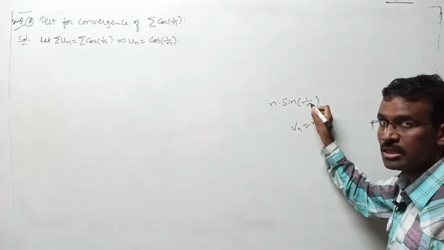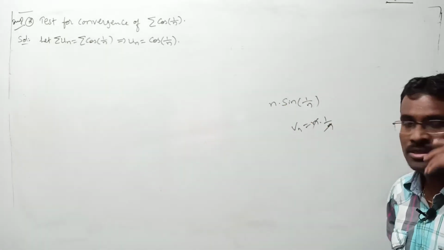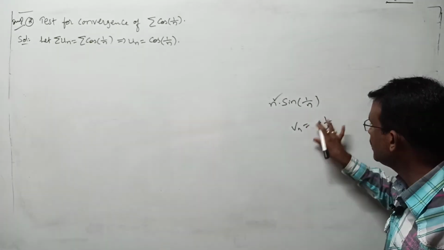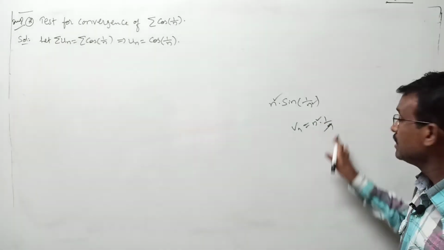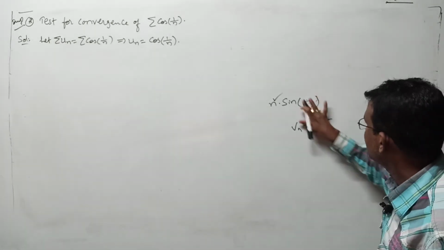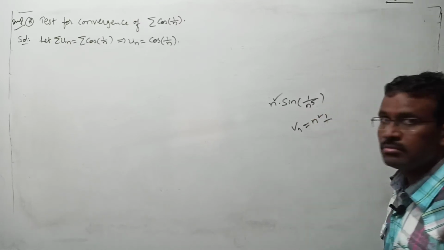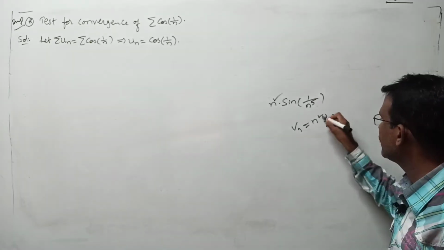Sin ratio inside part as well as its product part. Suppose n square into sin of 1 by n power 5 is there, then you have to proceed Vn as n square into 1 by n power 5.